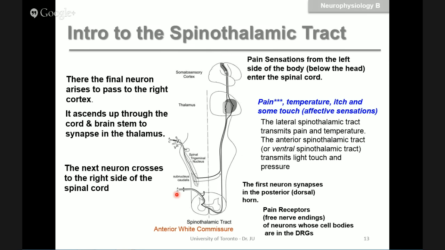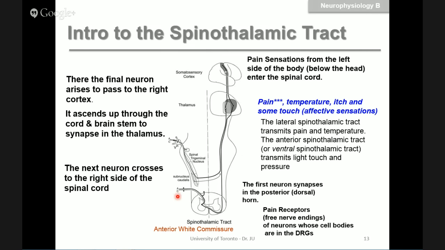So what does A delta and C mean? A delta is small diameter, myelinated, so they convey information relatively slowly compared to the large diameter myelinated, but they're still 10 times faster than the unmyelinated small diameter C fibers.